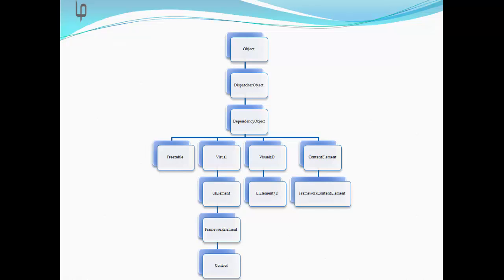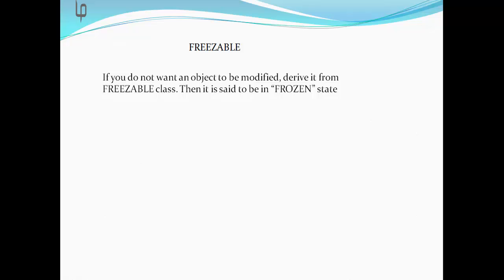A freezable class derives from dependency class. If you want to derive an object that does not want to be modified, then simply derive it from the freezable class. When you do that, it is said to be in a frozen state. That means nobody can modify this object, but you can still make a copy of these objects. But when unfrozen, it behaves like a normal object.